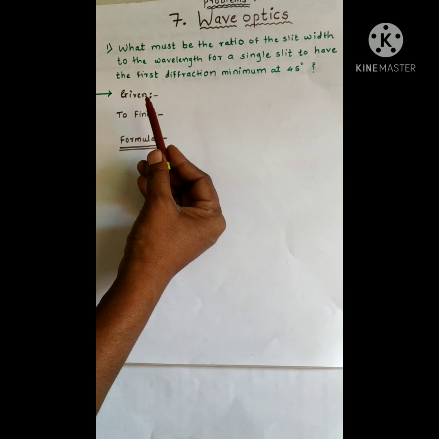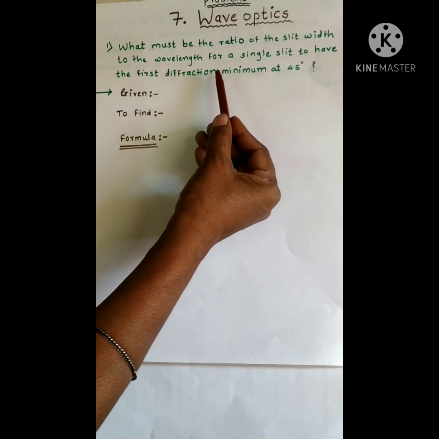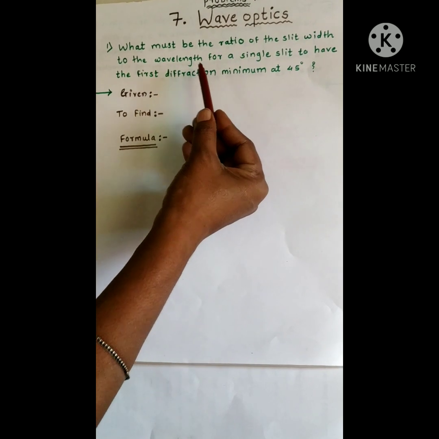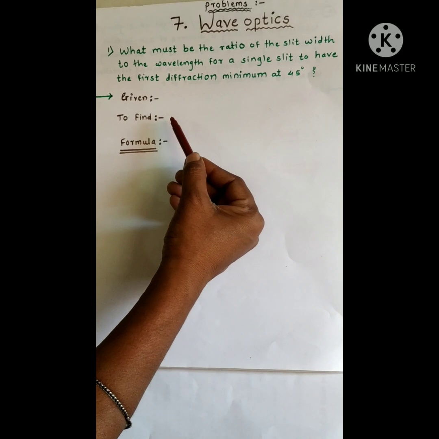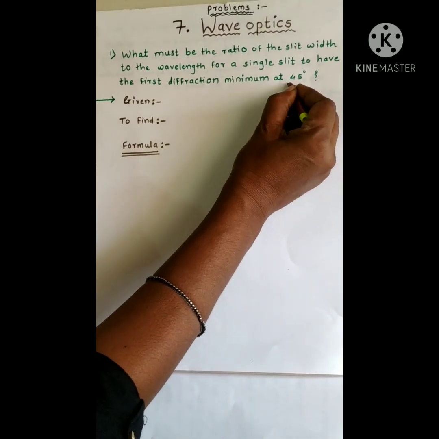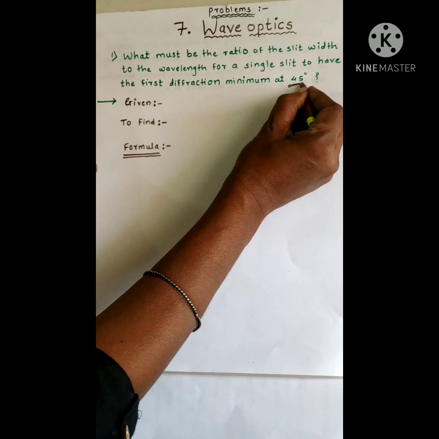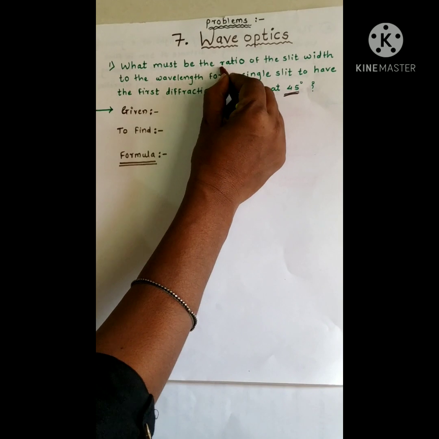So first of all, after reading the problem, we will find out what should be given in the problem and what should be found out here. The given quantity is 45 degree, that is theta.